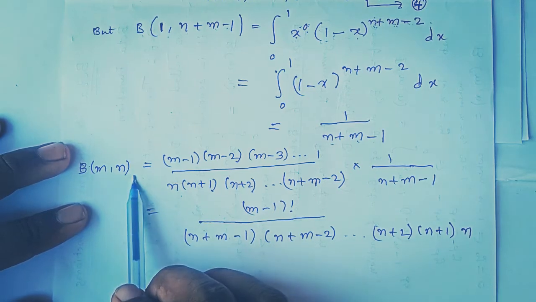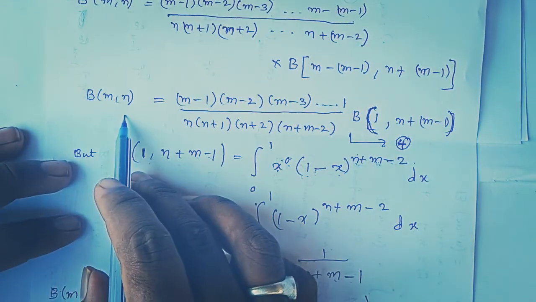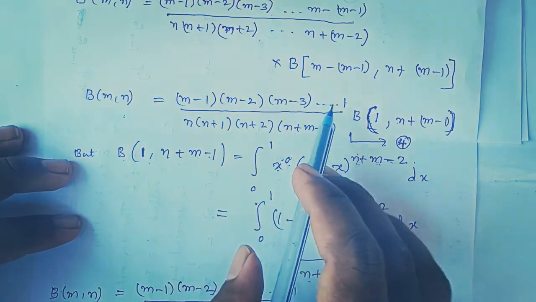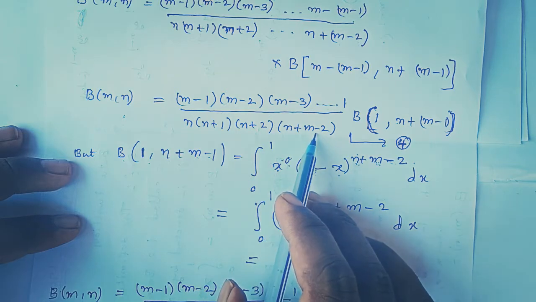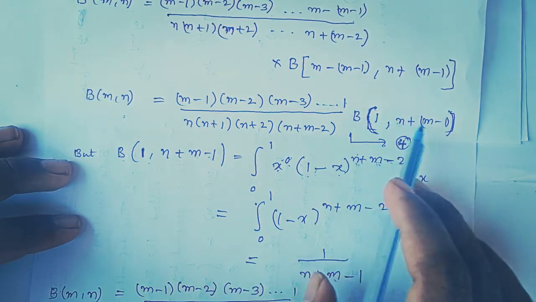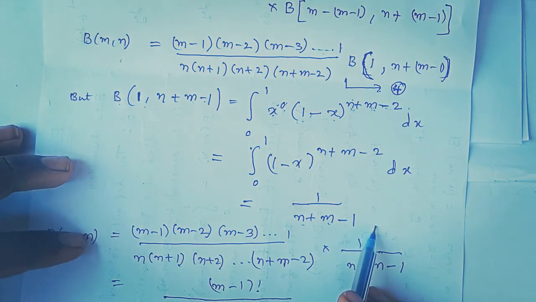Okay, therefore from 4, B of m comma n is equal to m minus 1 into m minus 2 into m minus 3 and so on, by n into n plus 1 into n plus 2 into and so on up to n plus m minus 2, and this last value is 1 by n plus m minus 1.